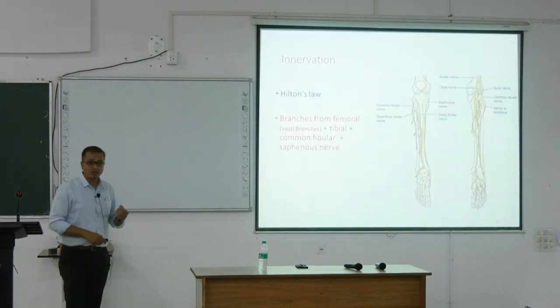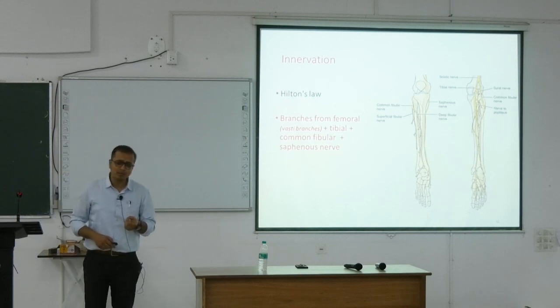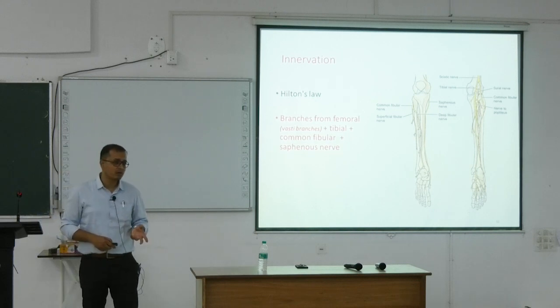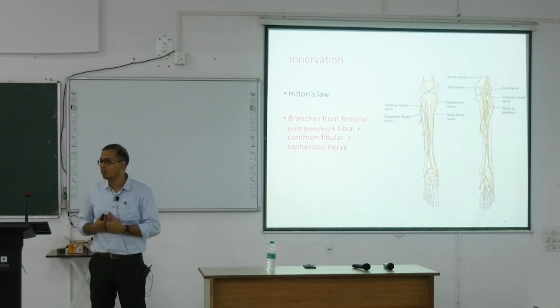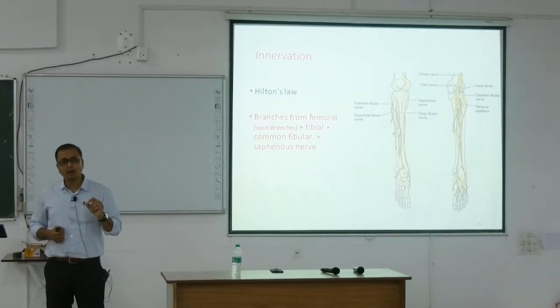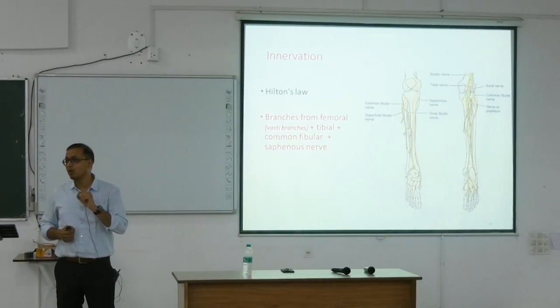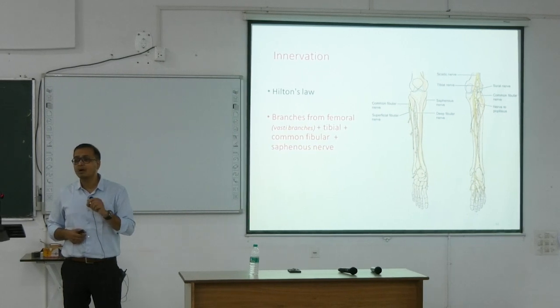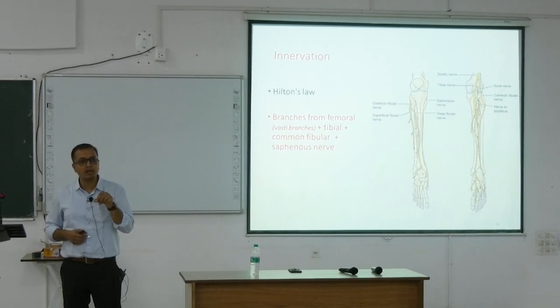Now coming to the innervation of this joint. Whatever big or small nerves, cutaneous or motor, are present around the knee joint, they give a branch to this joint. We call these branches articular branches, meaning they supply the joint.